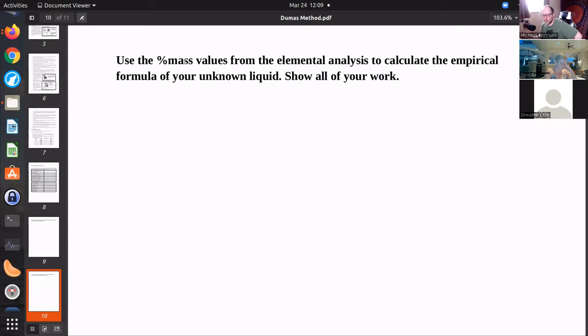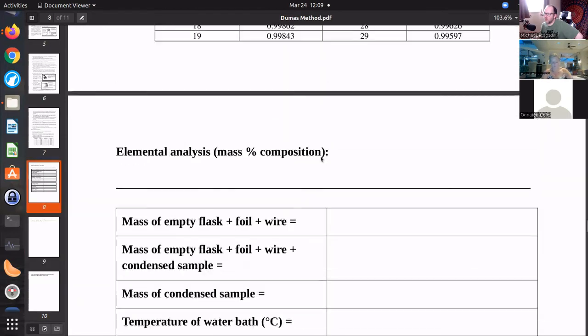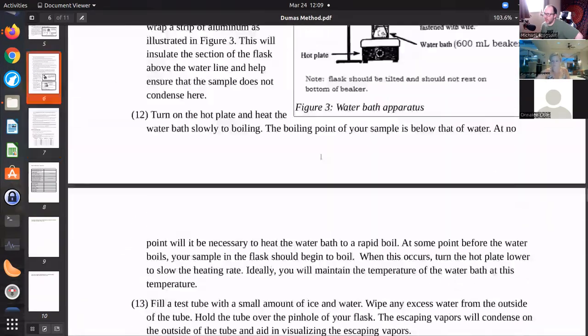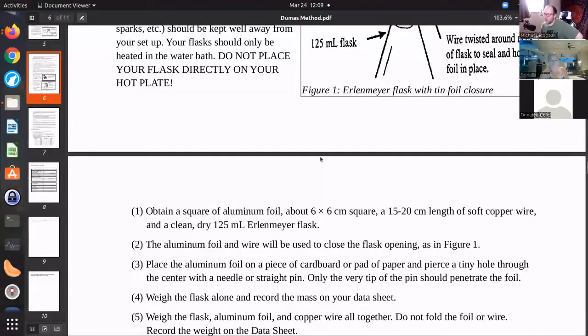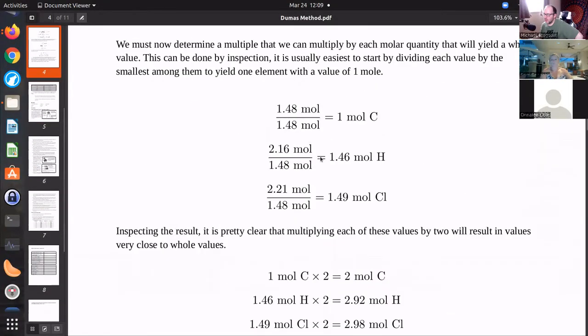You'll divide each one by its atomic mass to find the number of moles. And then you'll divide by the lowest number of moles in order to get the ratios between them. You'll come up with an empirical formula, and then you'll figure out what multiple of that you have that's going to line up with your formula mass that you calculated in the first part.